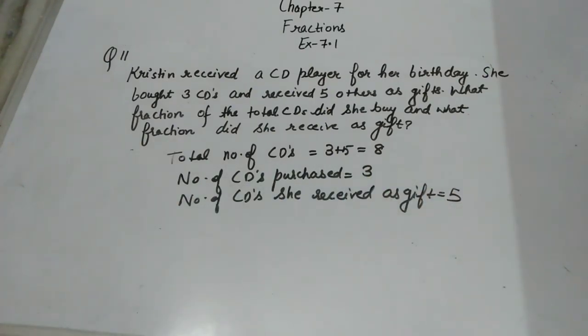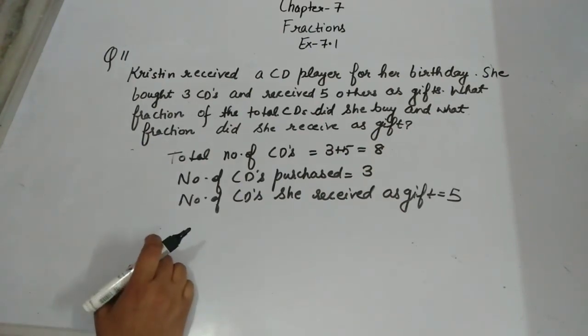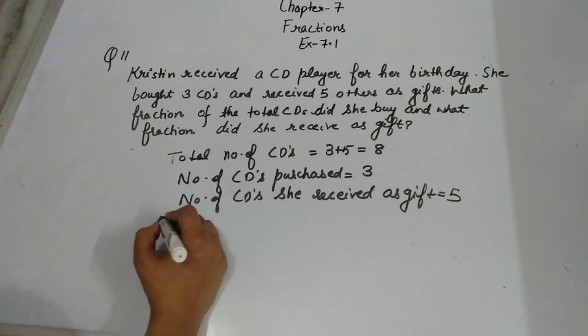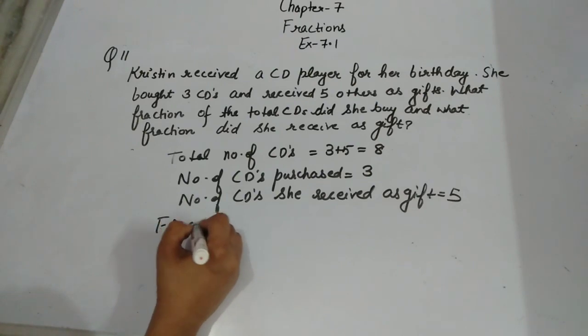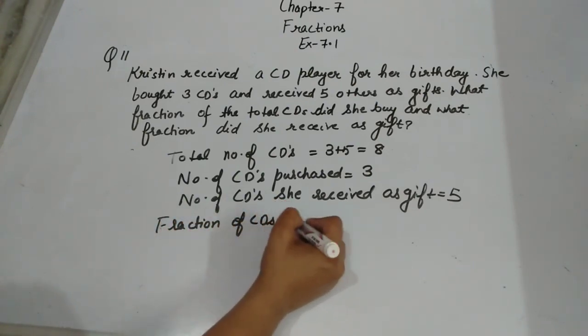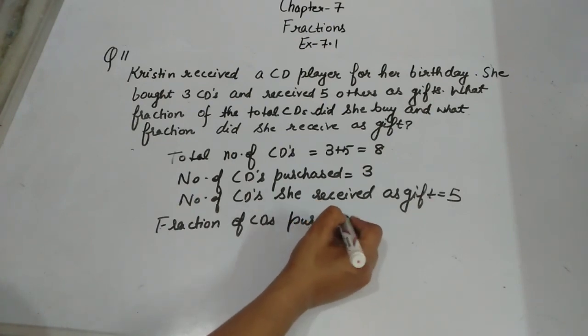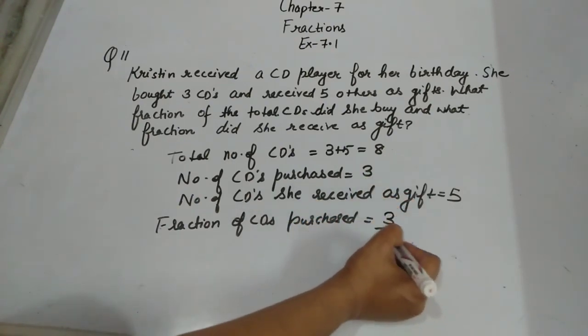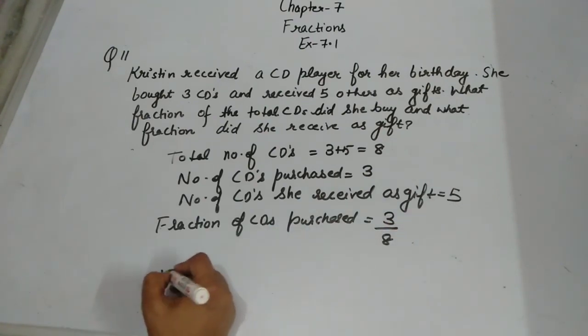You have to find out what fraction of the total CDs she bought and what fraction she received as gifts. So you have to find the fraction of those she bought and the fraction of those she received as a gift. So the fraction of CDs purchased is 3 and the total is 8. So 3 by 8 is the answer.